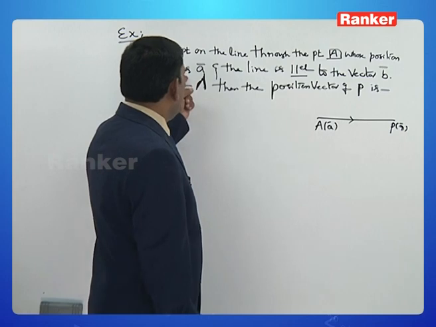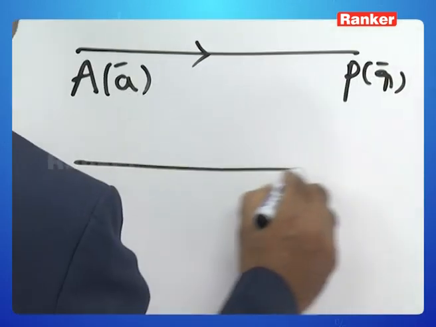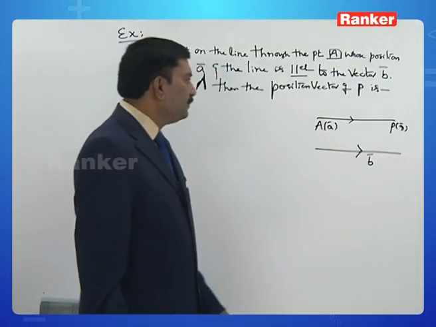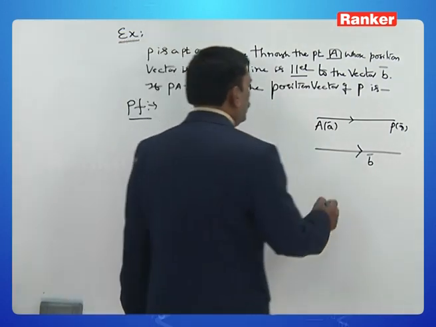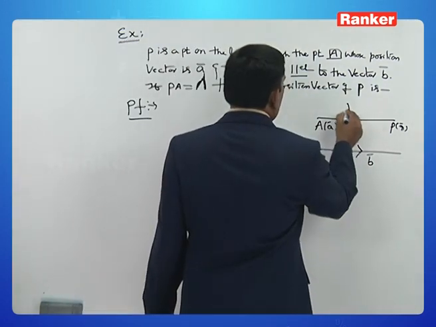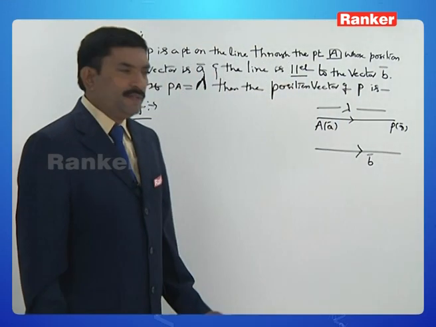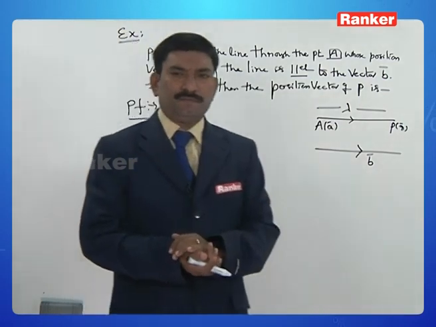The line is parallel to the vector b bar. If PA is equal to lambda, this length is lambda. Then what is the position vector of P?